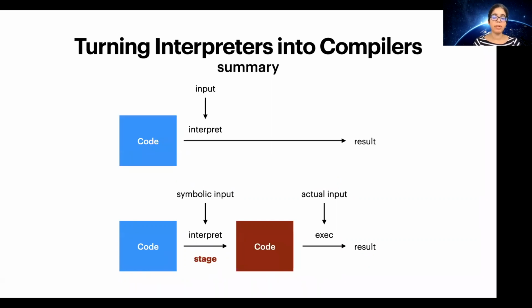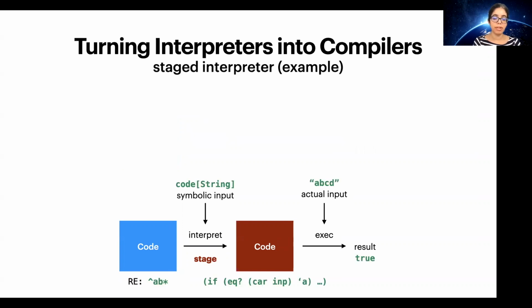Okay, so in summary, this is how we turn an interpreter into a compiler. We stage it and we leave the additional input to the interpreter symbolic, while we leave the code static, known at staging time. And then we produce second code that is specialized to the blue code, and with actual input we get the result.